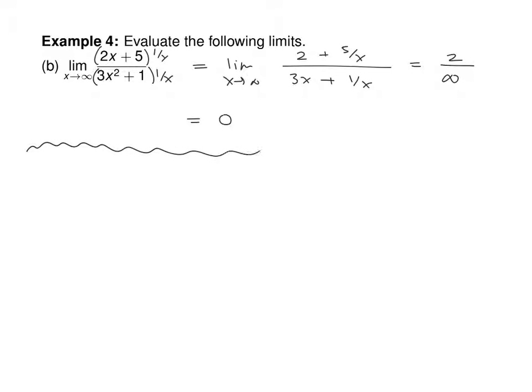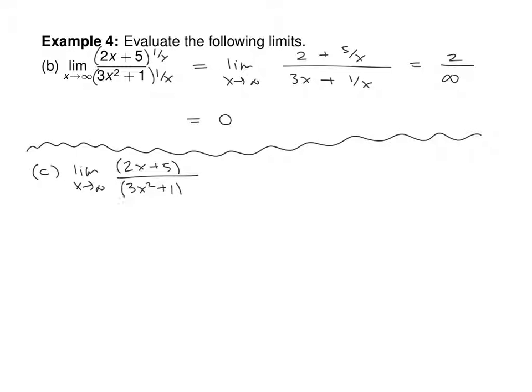Just in case you do it the other way, let's see what would happen if you multiplied by 1 over x squared, okay? Because it will look a little bit different, but you're going to have the same conclusion. So if I do 1 over x squared, 1 over x squared, what does that make the numerator?